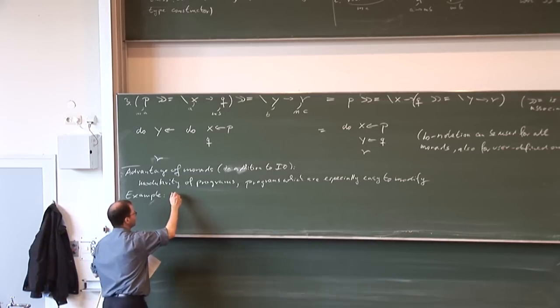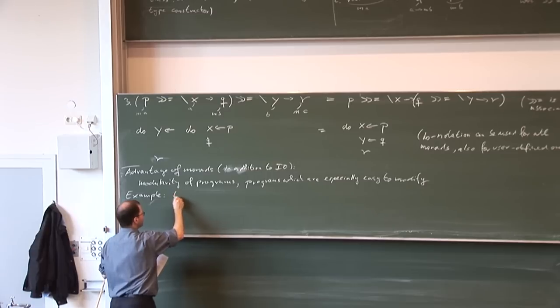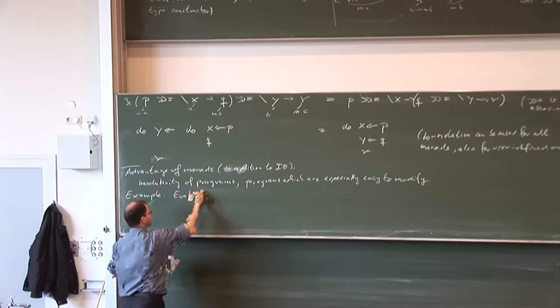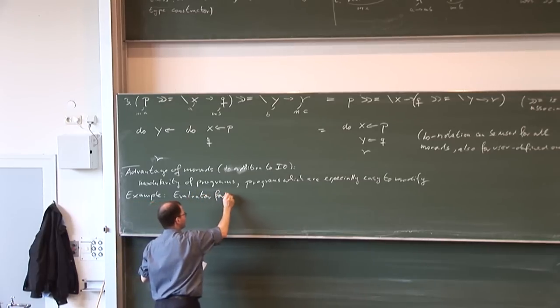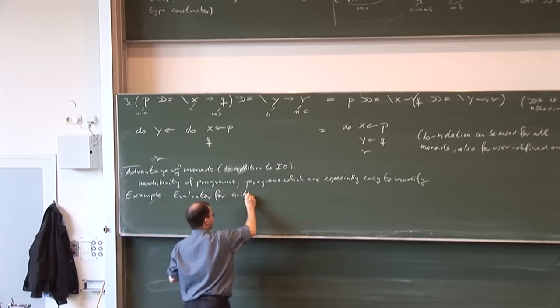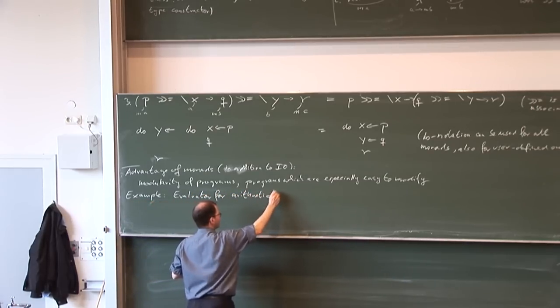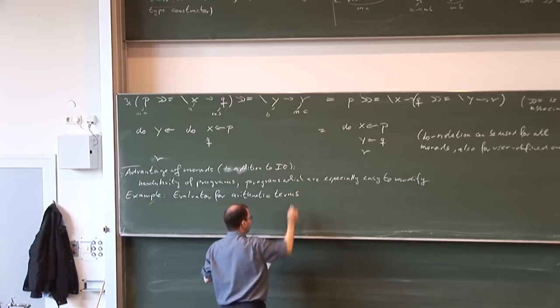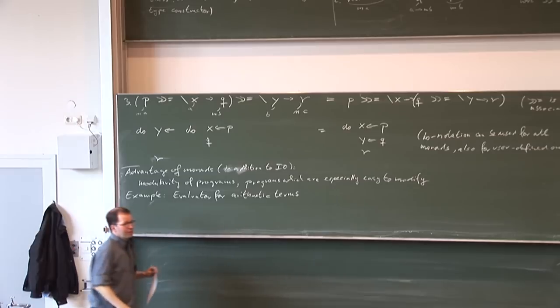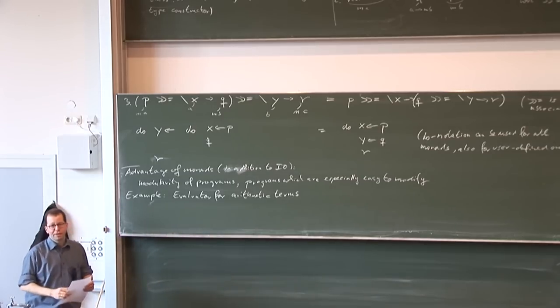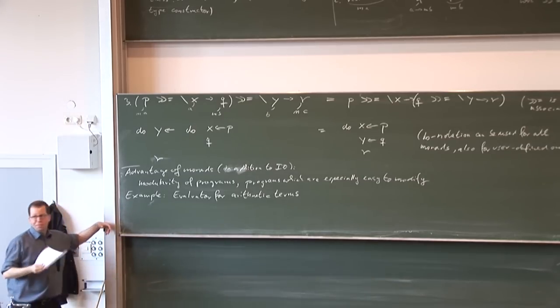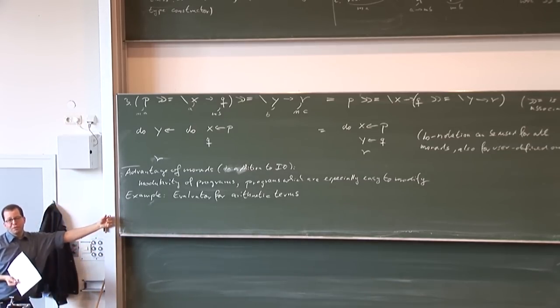So the example is we want to program an evaluator for arithmetic terms. We will first do this without monads, and I will first program a simple version of this evaluator, and then we will see how this simple version could be improved.